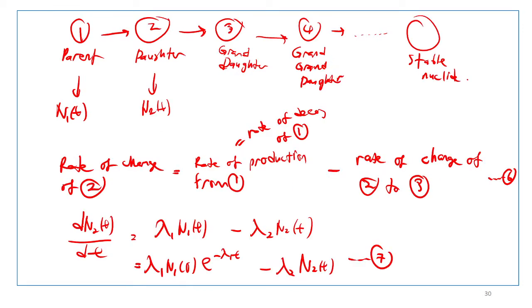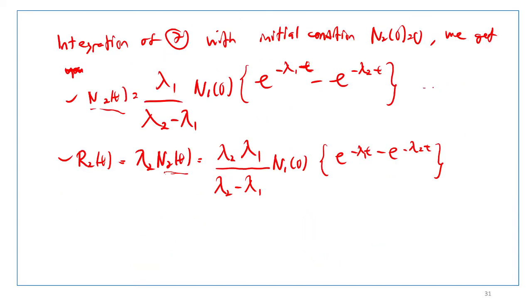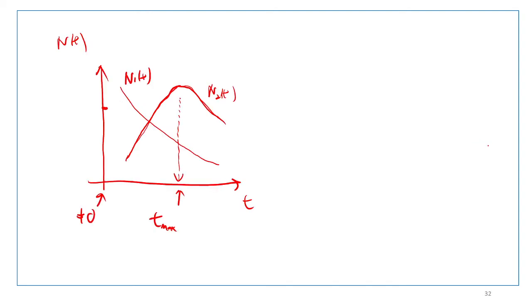Let's call this equation 8, and this is equation 9. If you differentiate 8 and equal it to 0, you will find t, which is the t max.